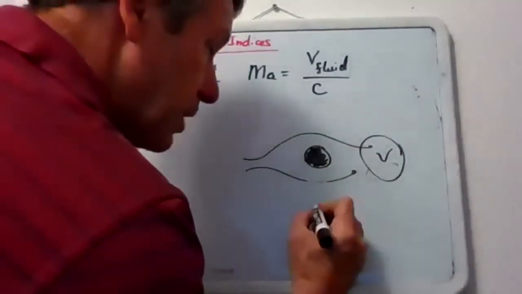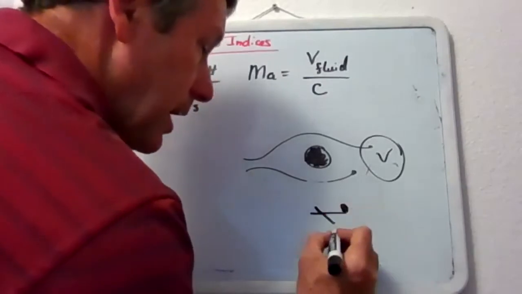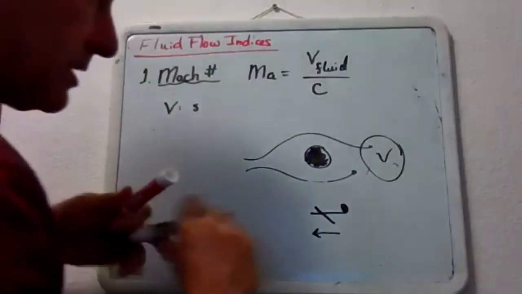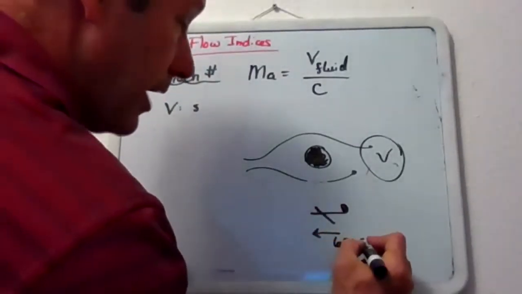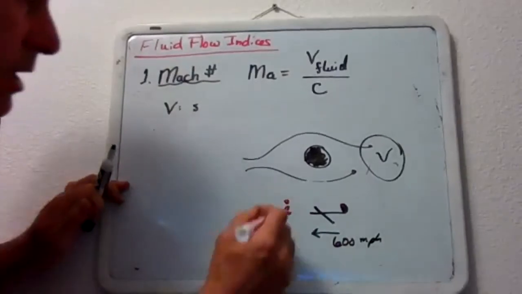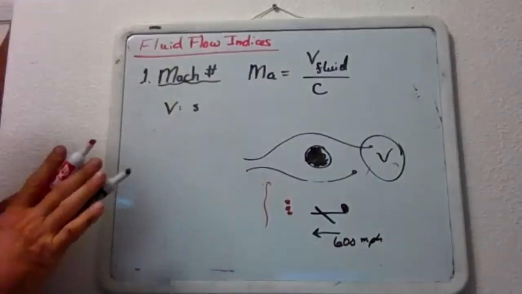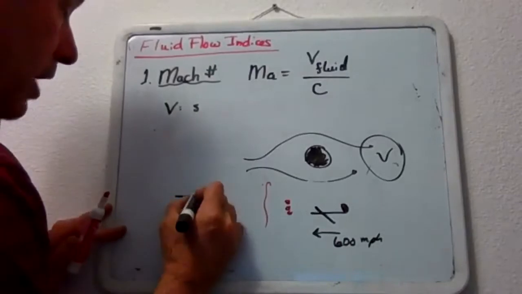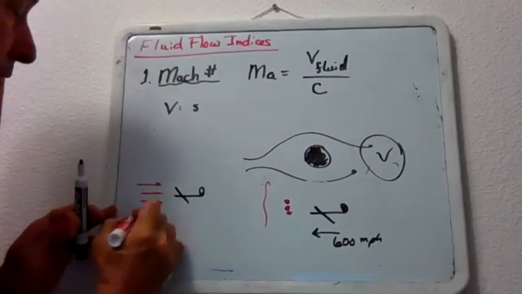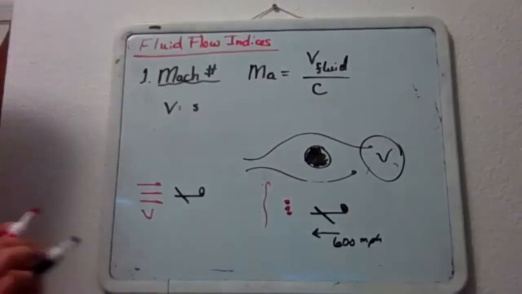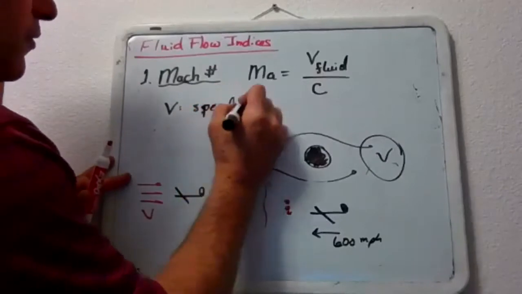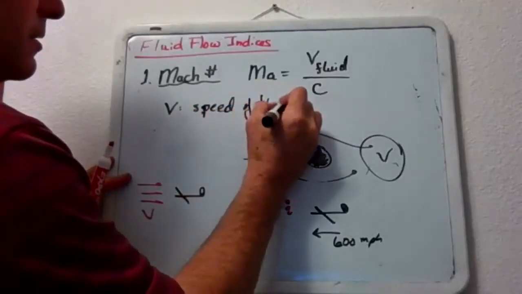Or if this were an airplane flying along at, let's say, 600 miles per hour, even if the air is stationary, we could say this is analogous to the airplane being stationary and there being 600 mile per hour fluid speed relative to it. So basically v is the speed of the fluid relative to the object.